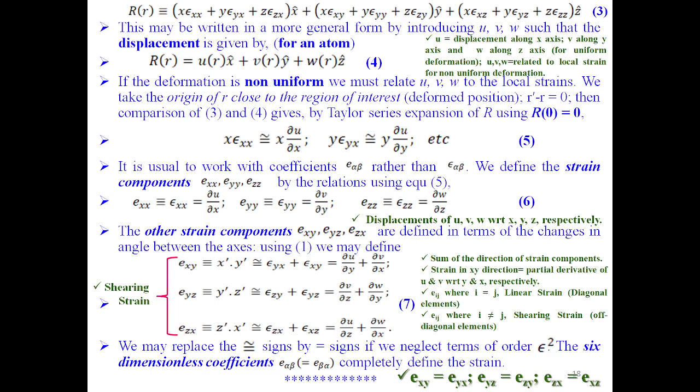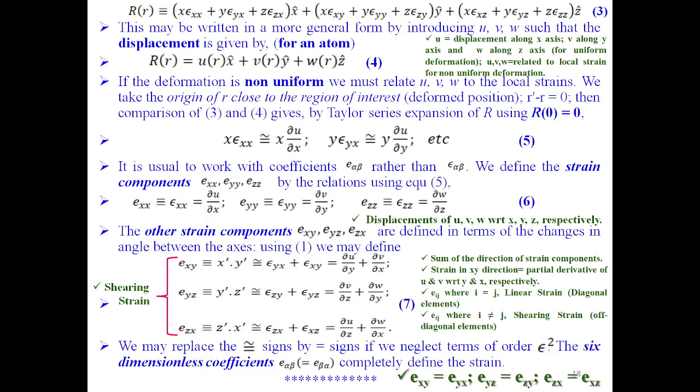The coefficients epsilon ij or epsilon alpha beta, where i equals j or alpha equals beta, define linear strain, that is, diagonal elements. And epsilon ij where i is not equal to j, that means x and y are not equal, right? Or otherwise we will have epsilon xy, epsilon yx, epsilon xz, such components. So the mixed indices represent the shearing strain, and those are off-diagonal elements.